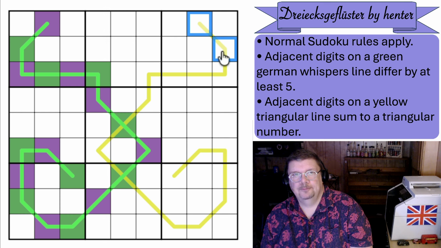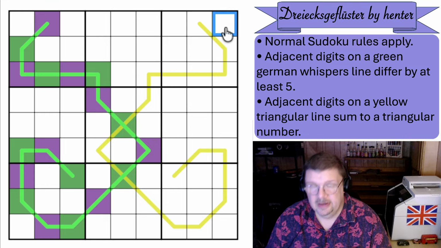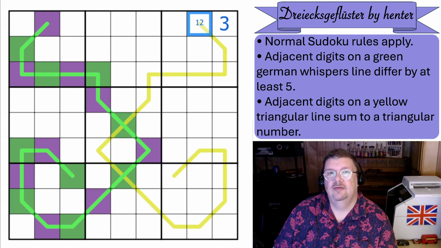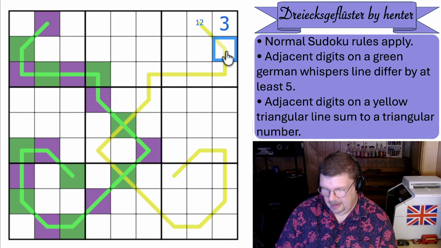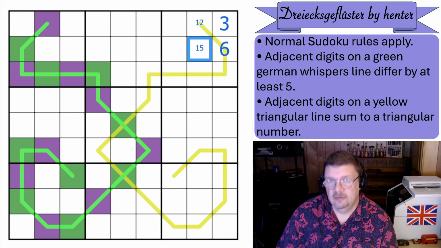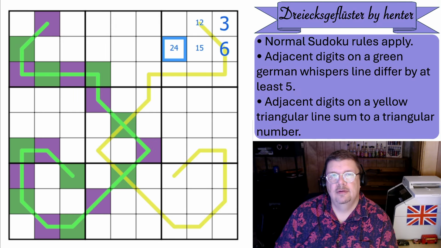So, I am going to make some notes down here. How can I make a 3? There's only one way to do that, and that is 1 and 2. How can I make a 6? I can do 1 and 5, or I could do 2 and 4.